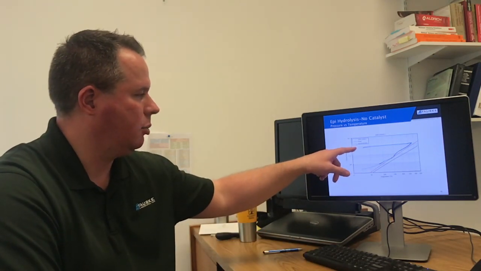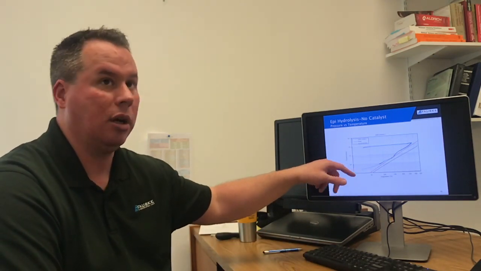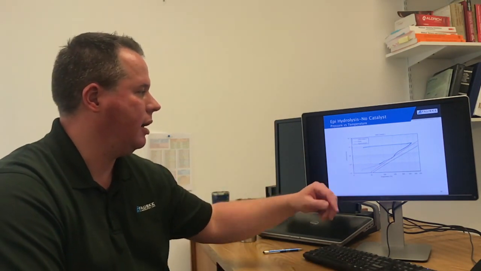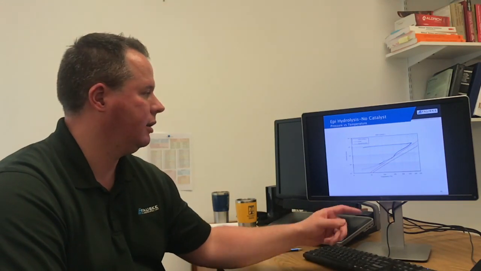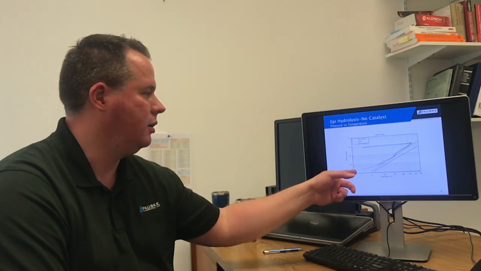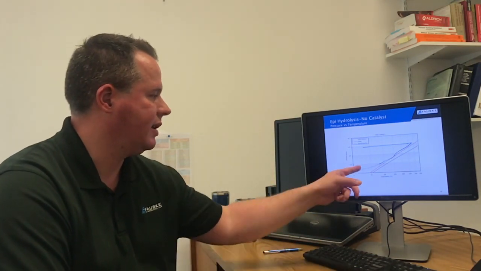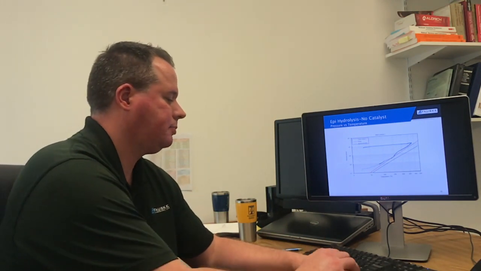And you can see the final pressure is much different than the initial pressure, which would also be an indication that some non-condensable gas was formed. And you can quantify how much was formed just by looking at the initial and final pressures. You know your volume in your test cell, and you just use the same temperature to calculate moles of gas generated.